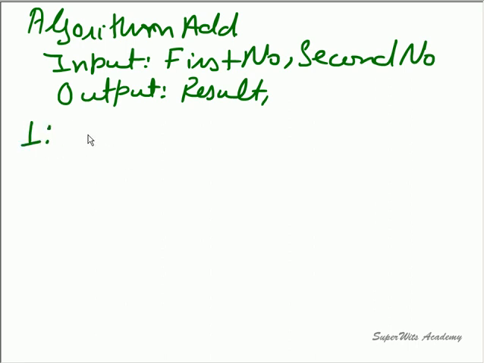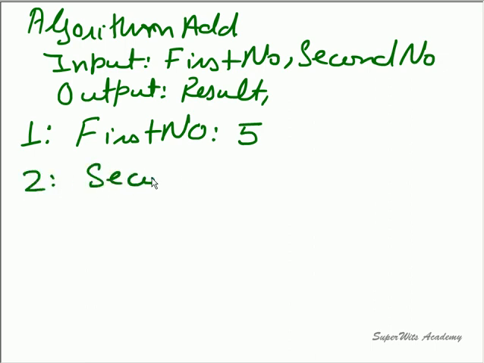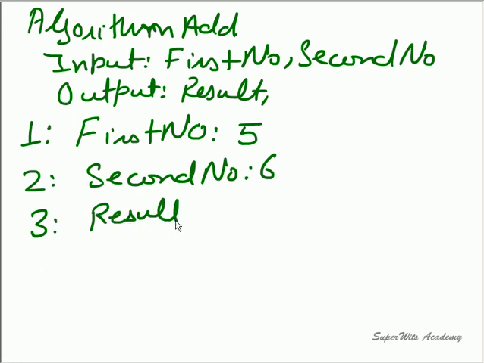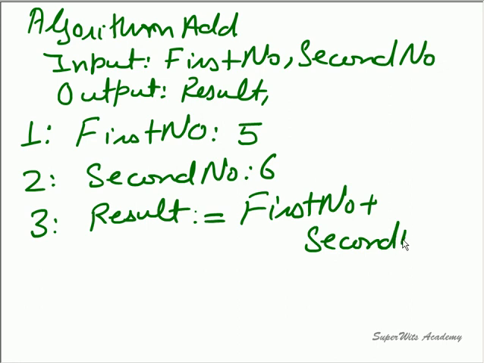Then first step will be first number, let's say I define it here, second number, defined it here, third line will be result equals to first number plus second number, let's say I put a semicolon for termination, and at last print result.